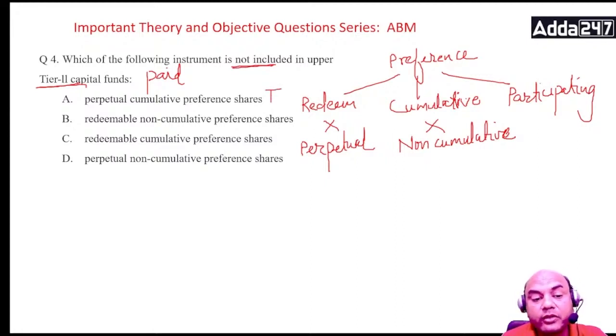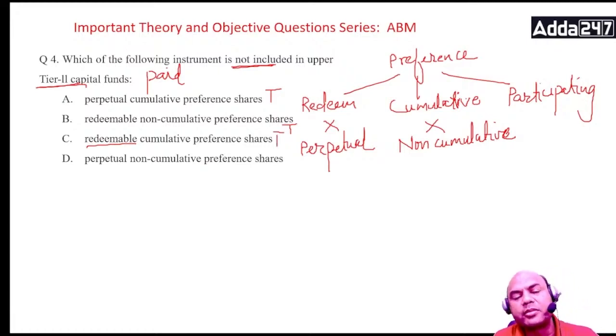Redeemable, non-cumulative. Redeemable means that the customer can come to you anytime and ask you for the money. So that is also true, because this is also tier 2 capital only. Redeemable, cumulative. Again redeemable, so this is true. Redeemable, cumulative or non-cumulative, it's true.